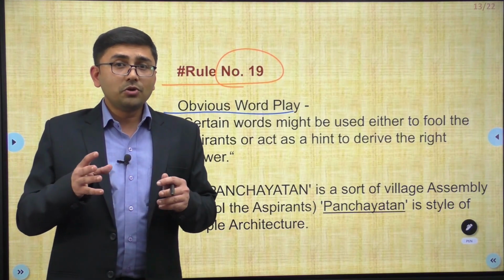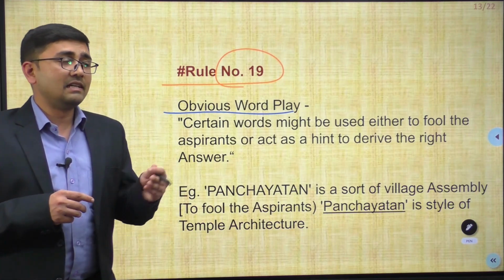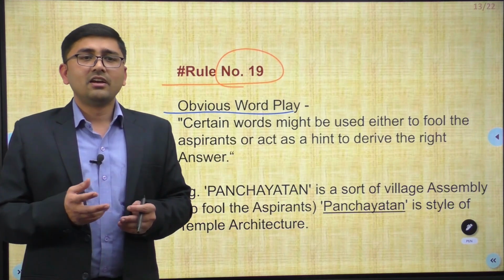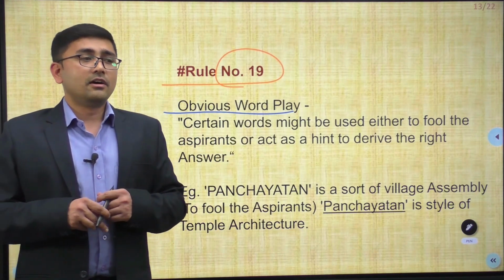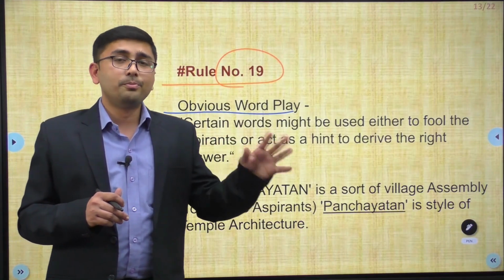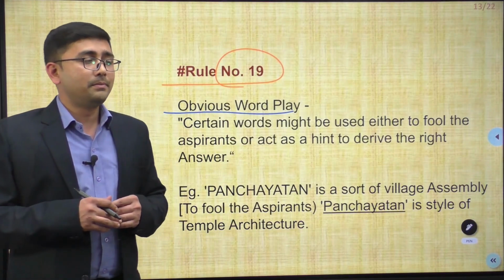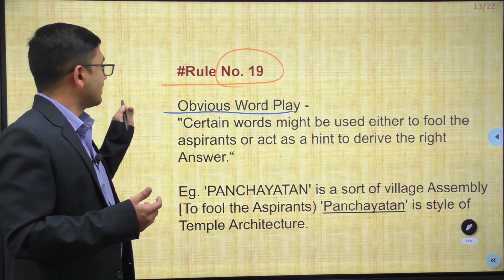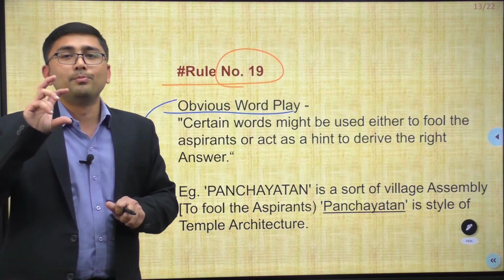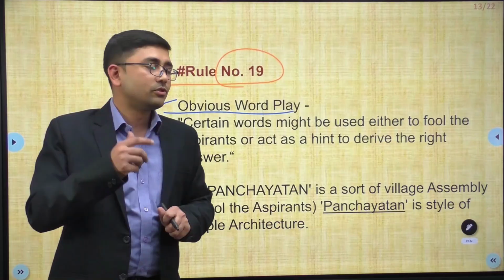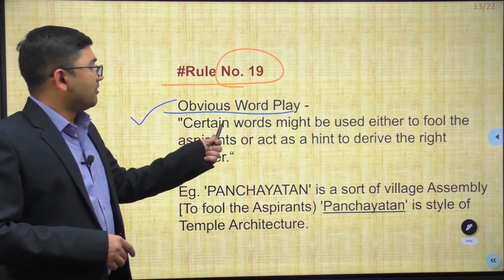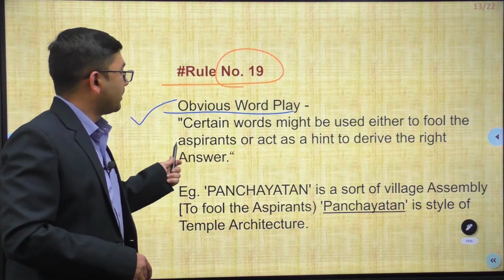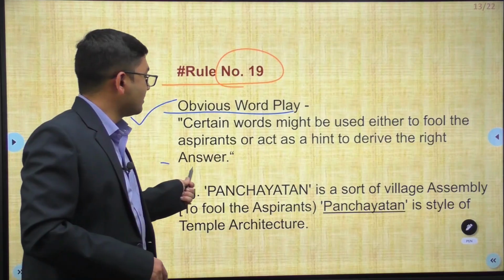But the one who comes for UPSC tourism, just to see how UPSC is, with father and mother saying you have to prepare for UPSC, go and prepare. For such students, such obvious wordplay is to make a fool of aspirants. How, sir? Certain words might be used either to fool the aspirant or act as a hint to derive answers.